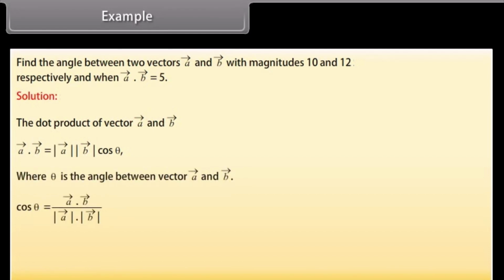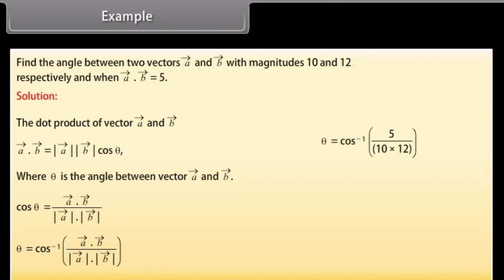Cos theta is equal to the dot product of vectors A and B divided by the magnitude of vector A into the magnitude of vector B. Theta equals cos inverse of the dot product of A and B divided by magnitude of A into magnitude of B. Theta equals cos inverse 5 by 10 into 12.